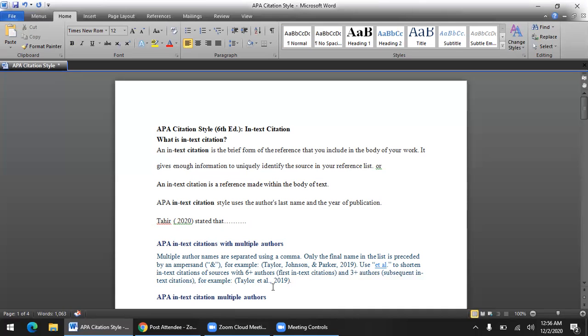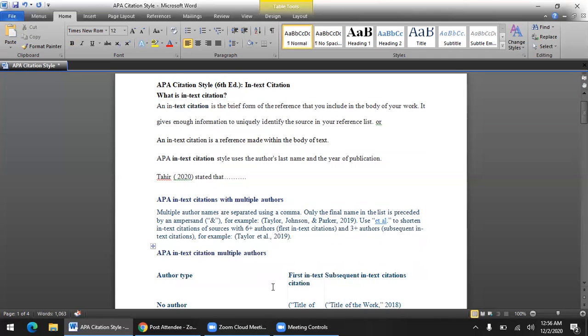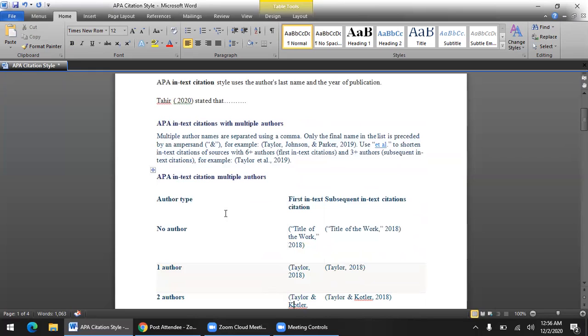So how do you cite multiple authors, and what if the author is unknown? How will you cite it in the research work? Write the title of the work.